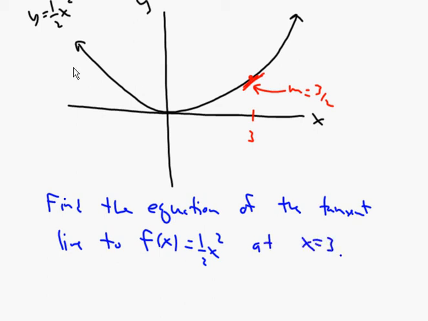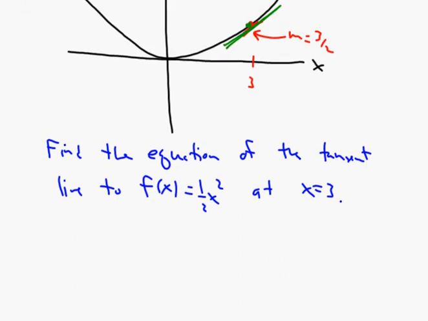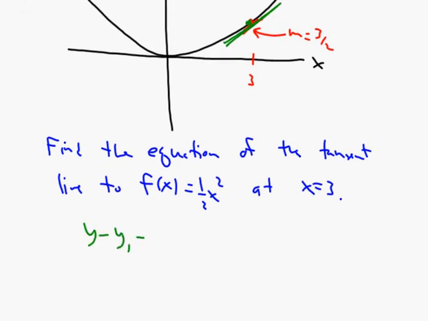And here's why. Here's the line that I'm interested in, that line right there, and I already know its slope. So I can write this down: y minus y1 equals m times x minus x1, and I can write y minus y1 equals 3/2 times x minus x1.